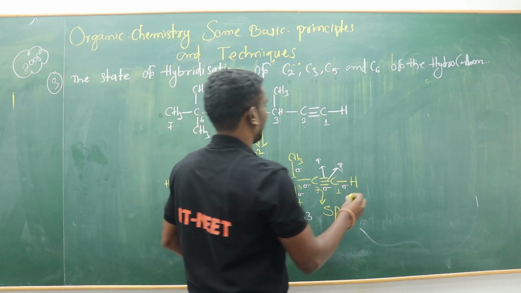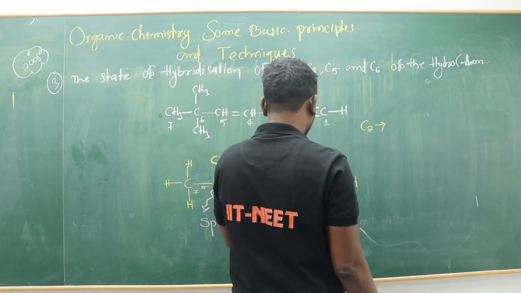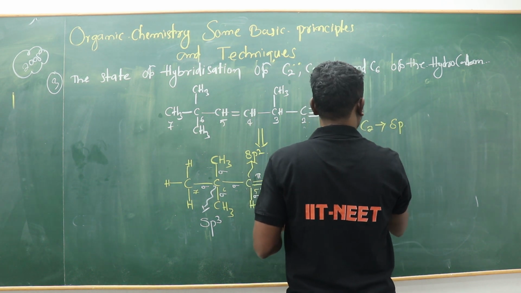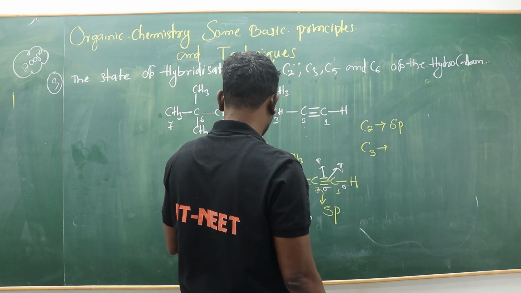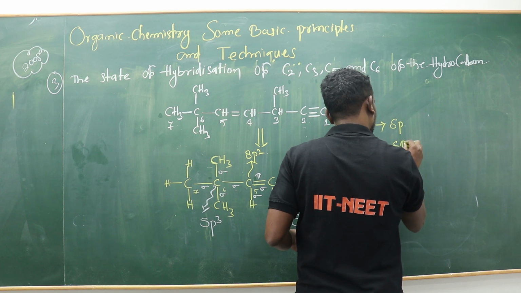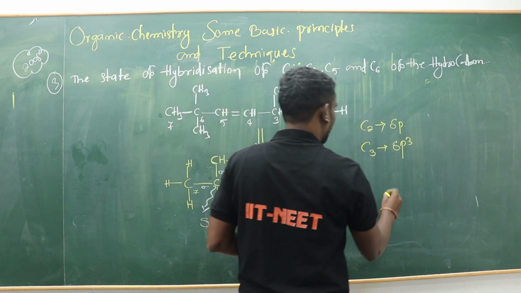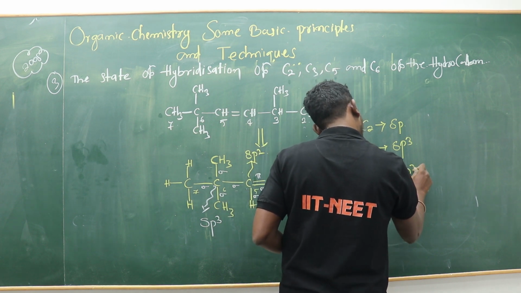Now here you have to write C2 carbon, sp, right? C3 carbon, where is C3 carbon? sp3, right? C5 carbon, sp2, right?